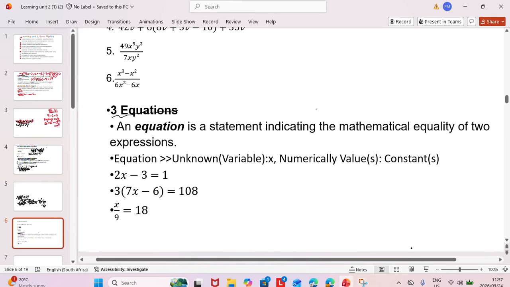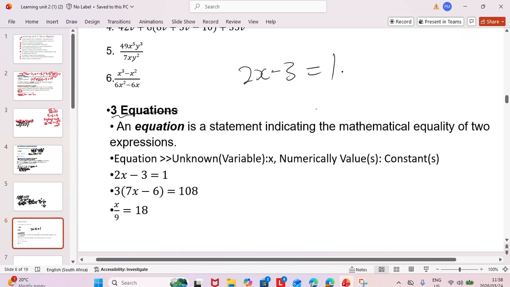For example, if you have 2x minus 3 is equal to 1, once you have equals to in between, just know that you are dealing with equations. So 2x minus 3 equals 1, this is an equation.